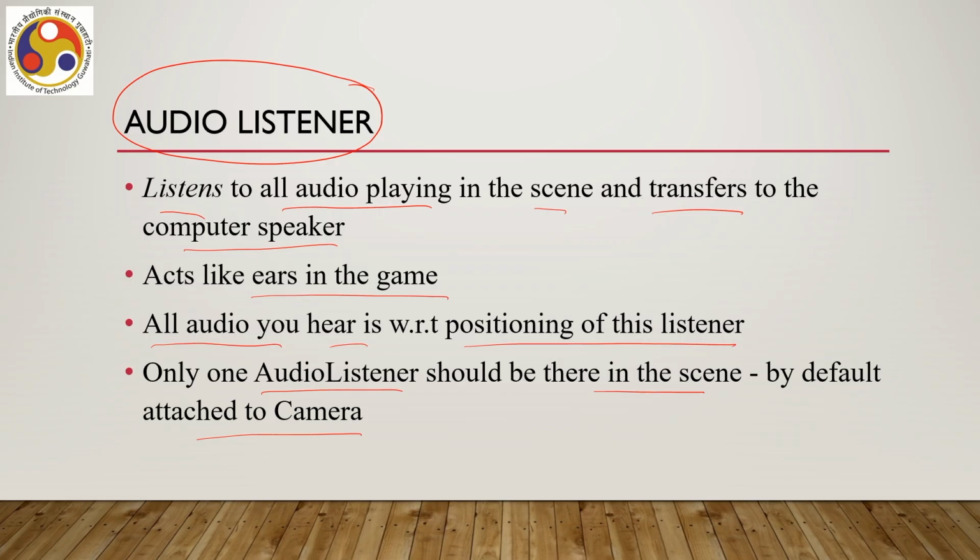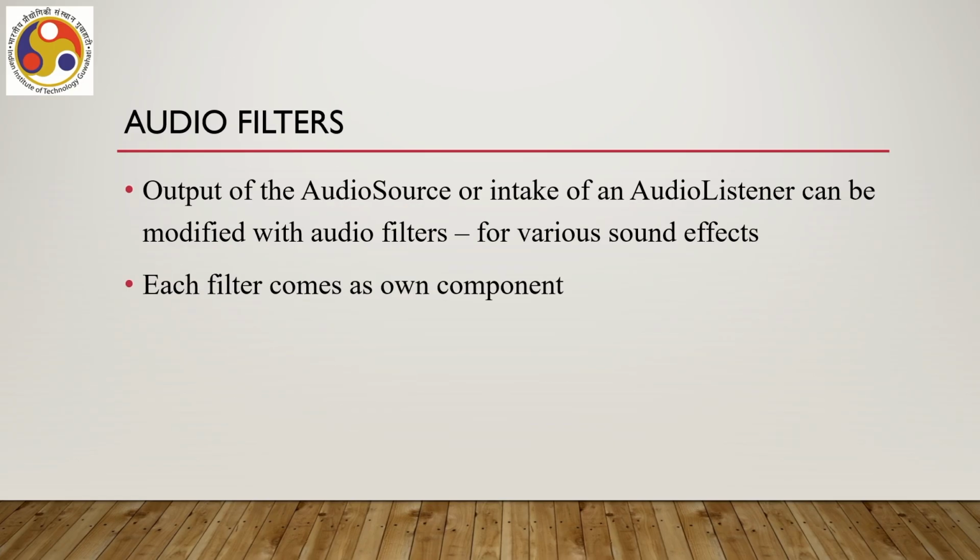So, you have audio source, audio listener and also you have audio filters. Essentially, as the name suggests, such components output the audio source after some modification. So, essentially output of the audio source or intake of an audio listener can be modified with audio filters for various sound effects.